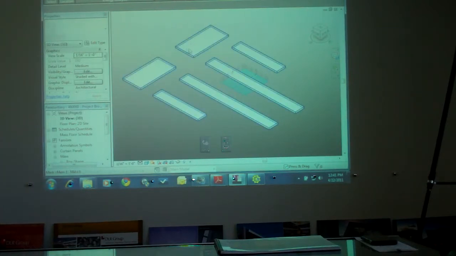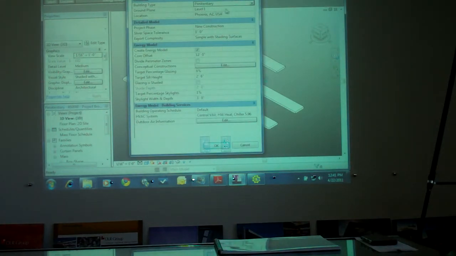So the nice thing about this program is all you have to do is just build a mass. You don't have to provide any more definition to the mass. Everything else is taken care of in this energy settings box. Here you go ahead and define what type of building it is, and you have a whole range to choose from. And you define where this building is.